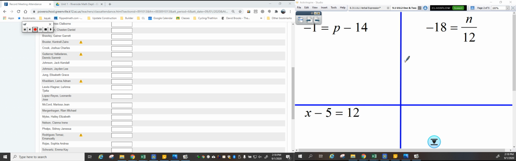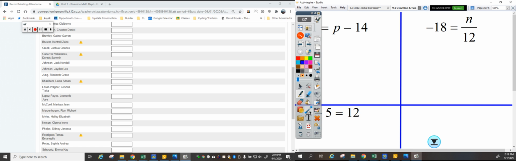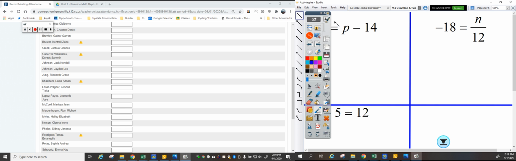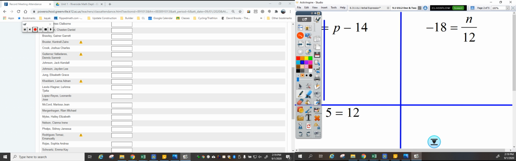All right, Jaden, what did you get for the first one? How did you solve it, first of all? Okay, so you went ahead and put the line down the middle. I'm good with that. So let's draw that down. And then what?